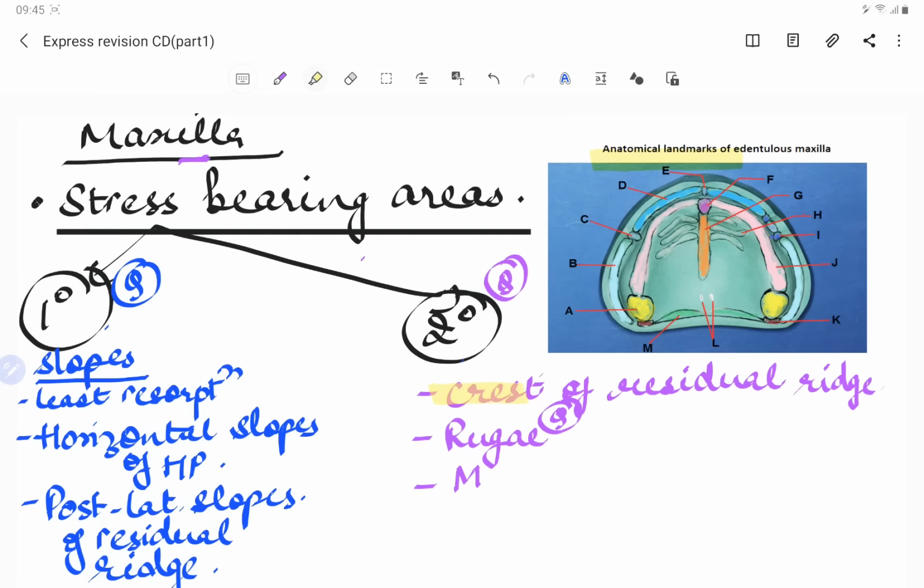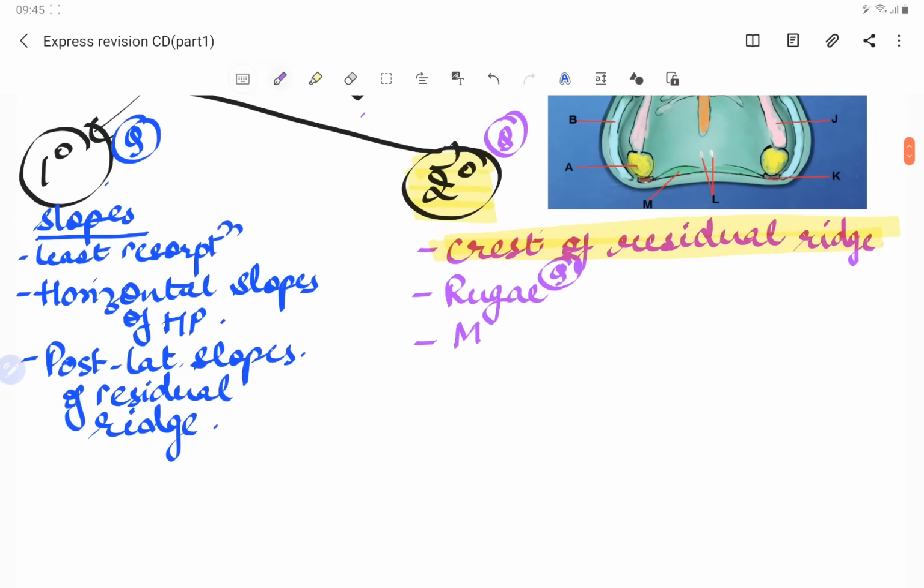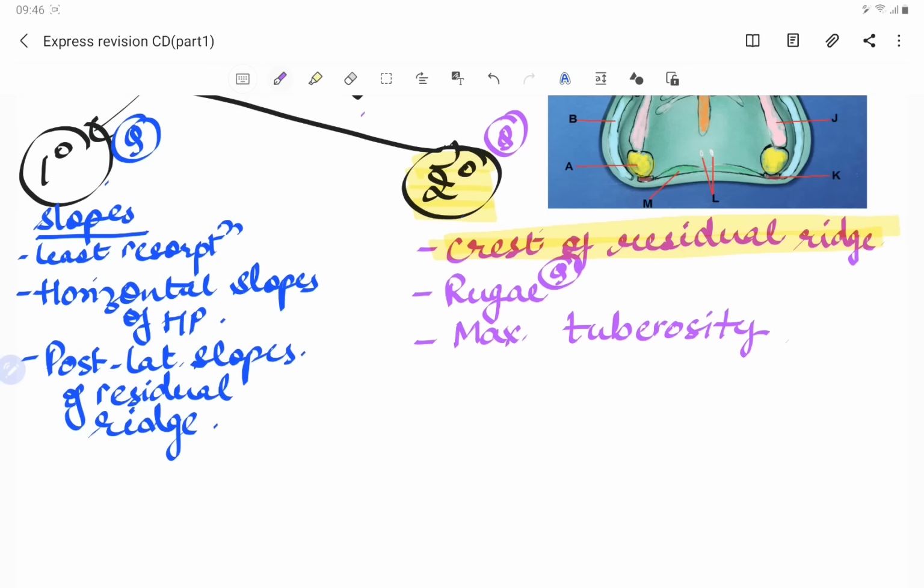See, the crest of the residual ridge is a secondary stress bearing area for the maxilla. For the mandible, it is the relief area. So the crest of the ridge, rugae as well as the maxillary tuberosity are the secondary stress bearing areas. Why is the crest of the ridge a stress bearing area in case of maxilla? Because it provides good support, but again it undergoes resorption.